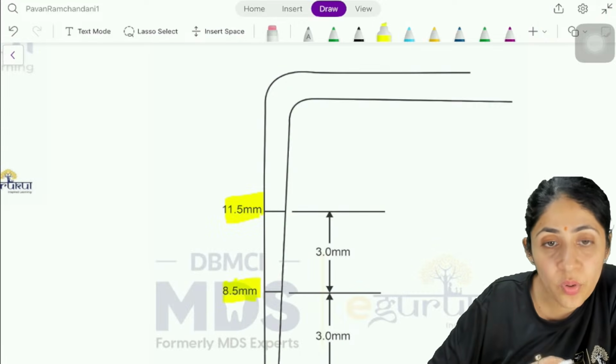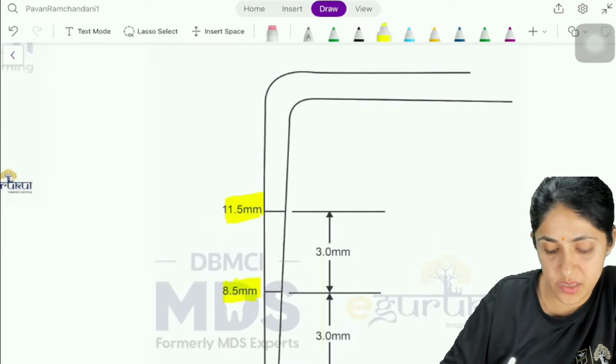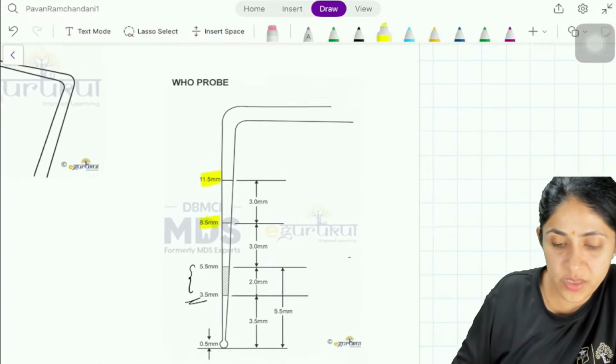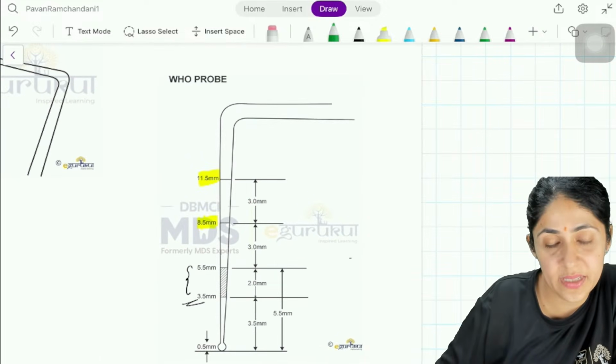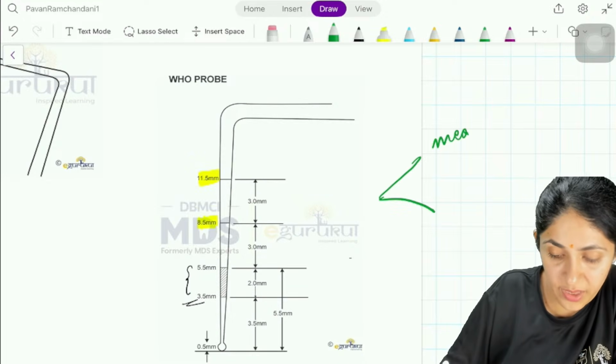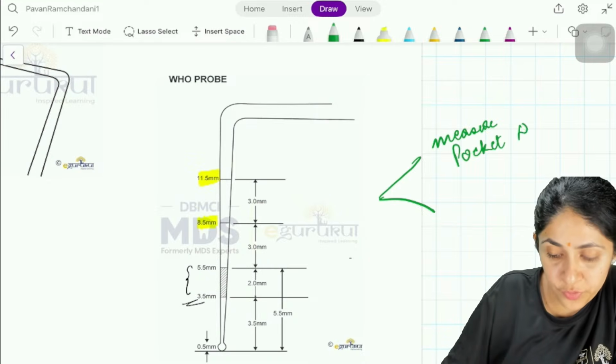Now the CPI-TN probe was designed for two purposes. One purpose was to measure the periodontal pocket, that is, the depth of the pocket.